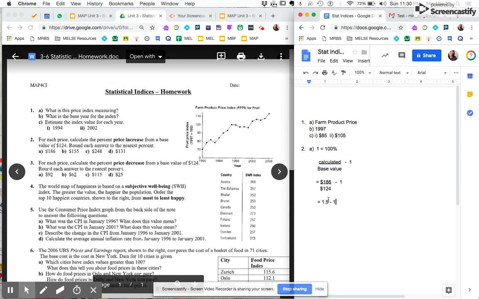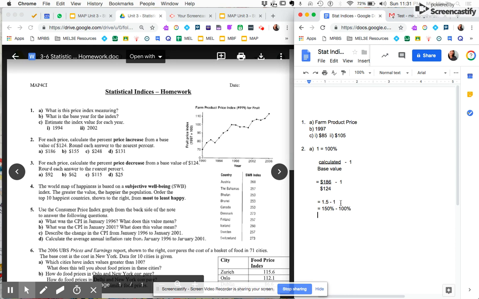Why do I minus 1? Well, I want to see how much it increased by. If I leave it as 1.5, that means I'm saying that the price increased by 150%. It did not increase by 150%. It increased from the base value, which is considered 100%, and it went up to 150.